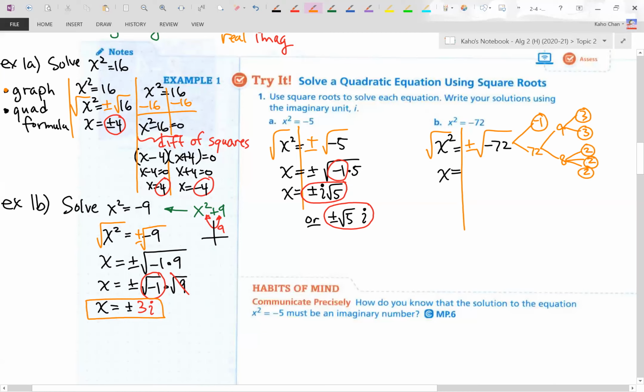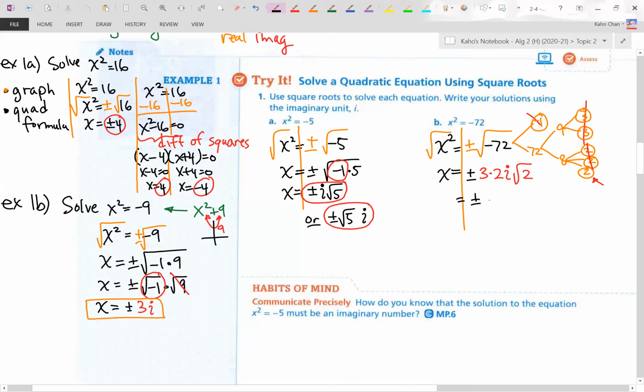And we're looking for pairs to come out of the radical. All right. We have a pair of 3s, a pair of 2s, and the -1 comes out as an I. And we do have a leftover 2 stuck underneath the radical. Let's clean that up.